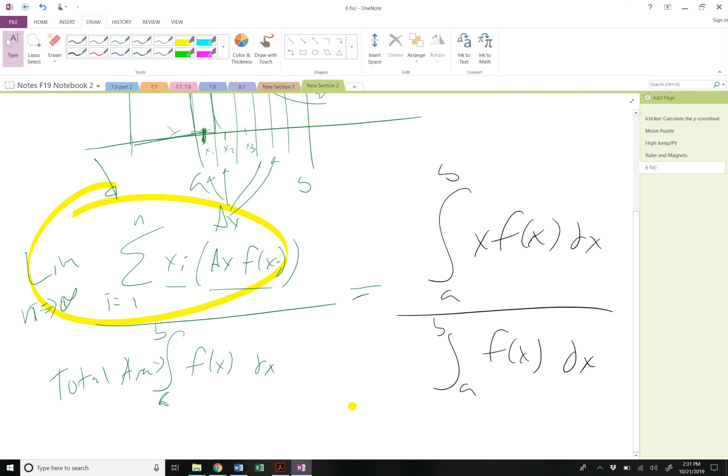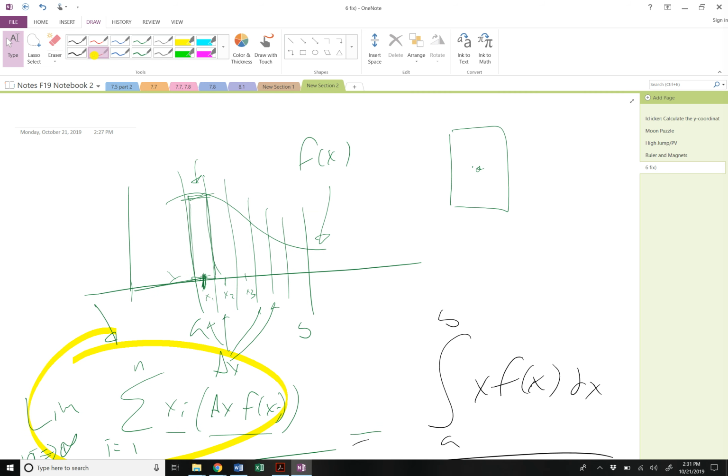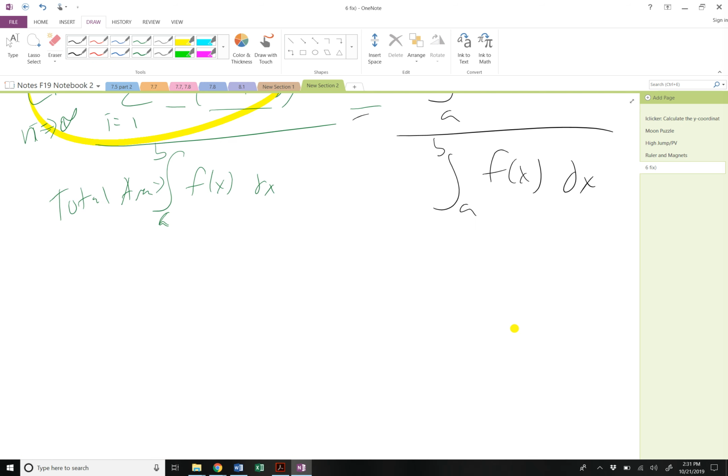Well, what about y bar? Well, if we take one of these arbitrary rectangles, the y-coordinate is going to be halfway up. Well, what's the distance all the way up? F of x. The height is f of x. So halfway up is going to be 1/2 f of x.